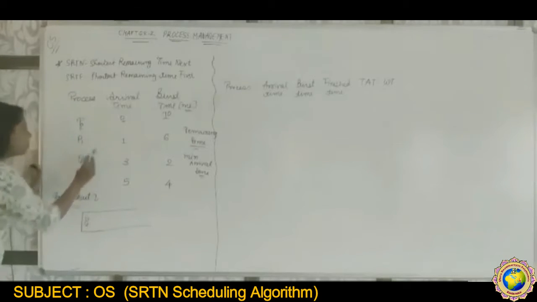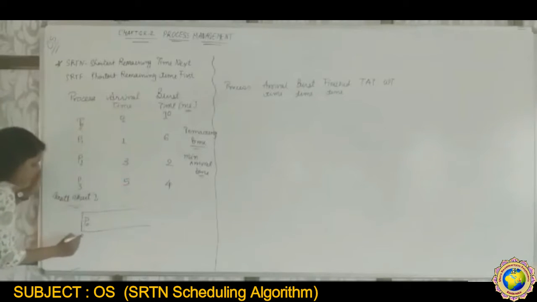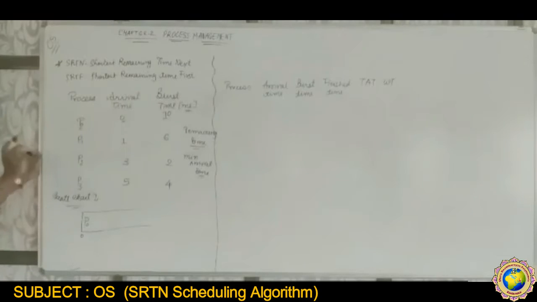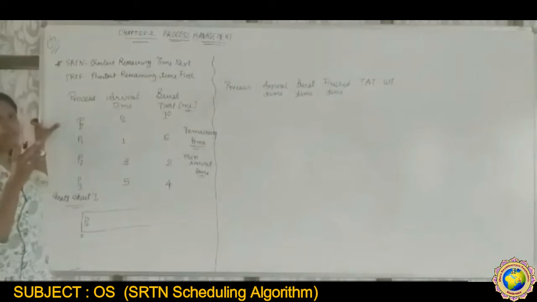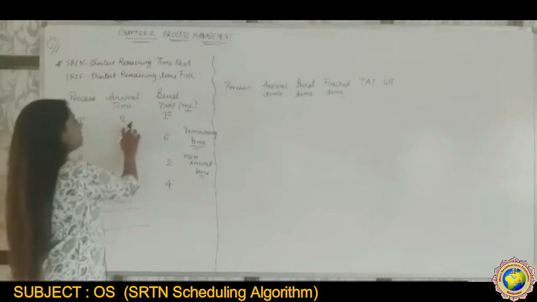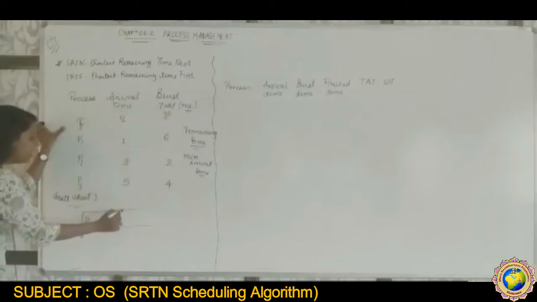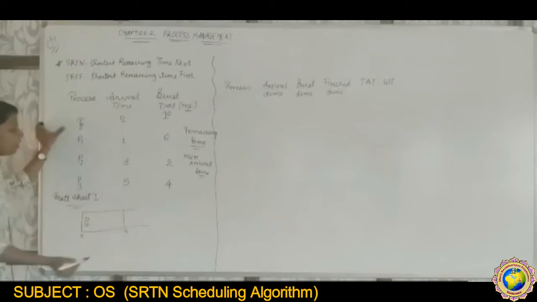Okay. So first P0, arrival time 0. Now in SJF what we have done: first P0 with burst time 10, so we continue up to 10, right?